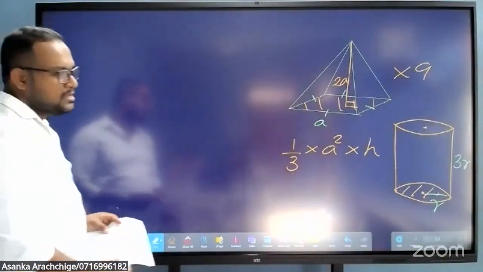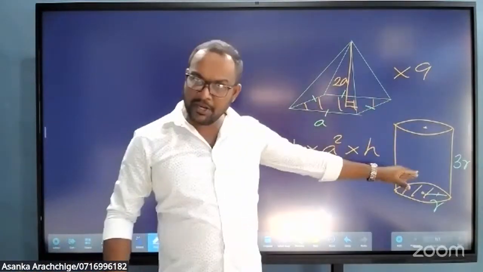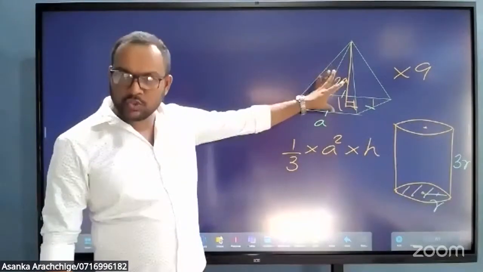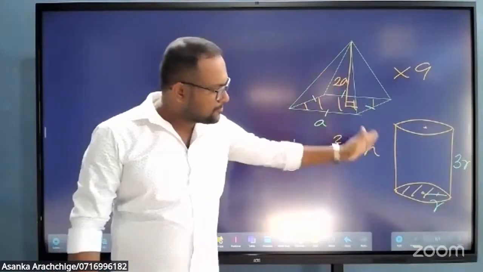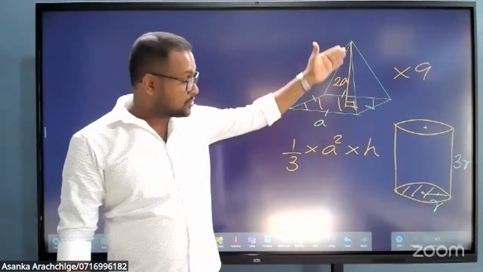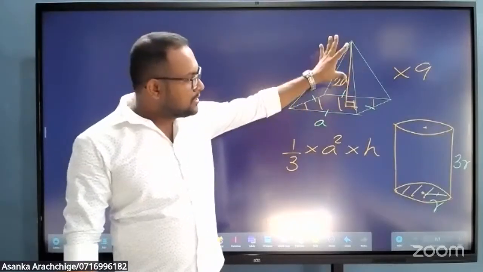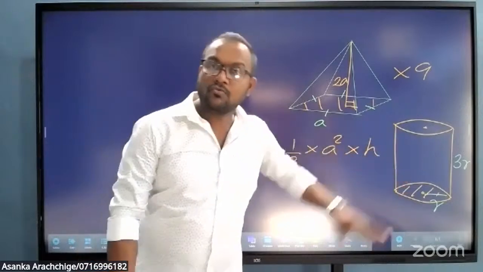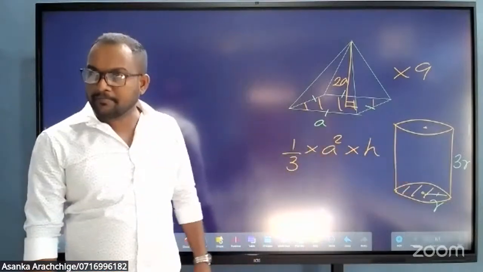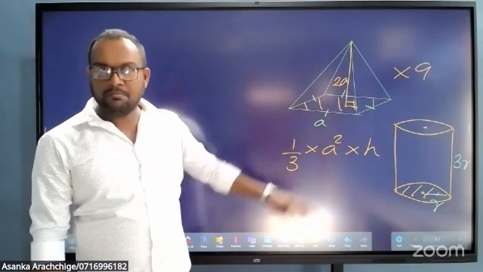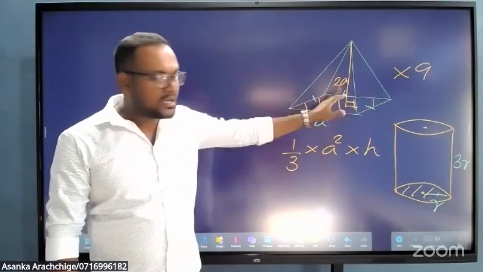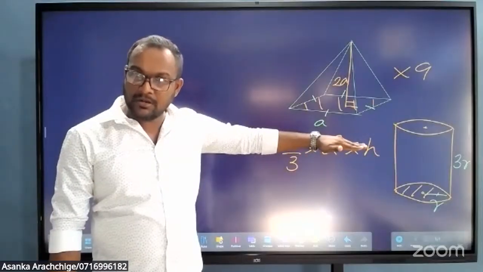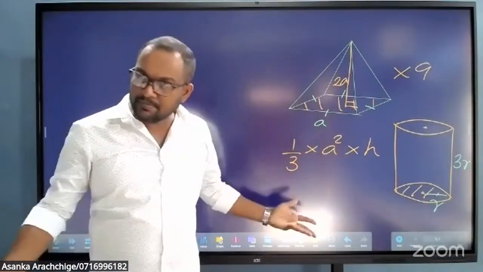If this is made from the metal obtained by melting those pyramids, then the volume of the 9 pyramids must be equal to the volume of the cylinder. Is that clear? Without any wastage of the metal, the volumes must be equal.